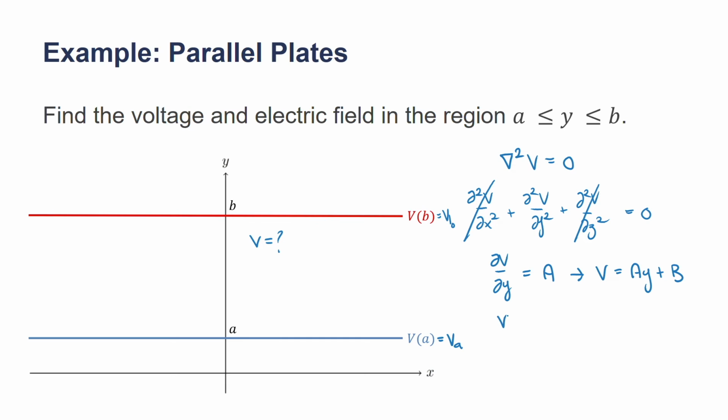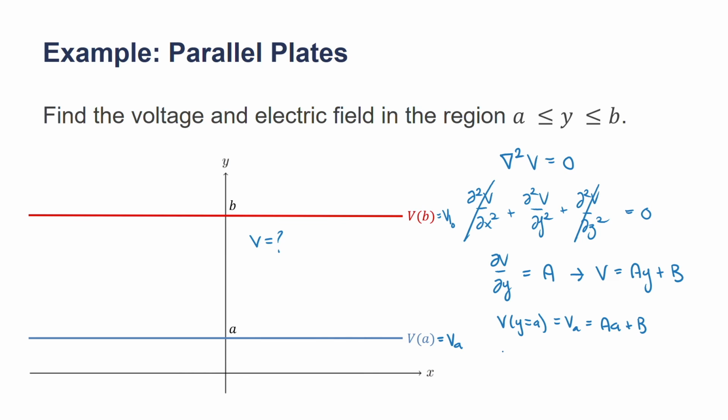Let's evaluate the voltage first of all at y equals a. Well, we know that voltage is equal to V sub a, and this would be equal to A times lowercase a plus B. And so we have now one equation, and we have two unknowns to solve for.